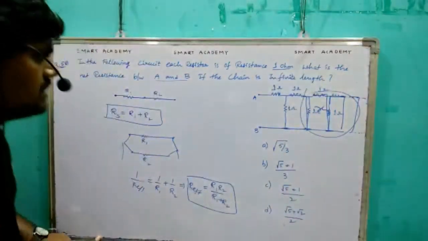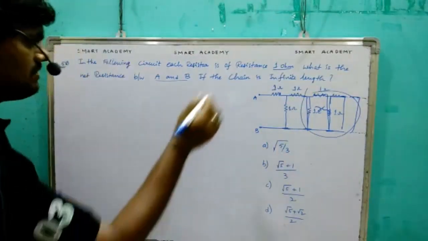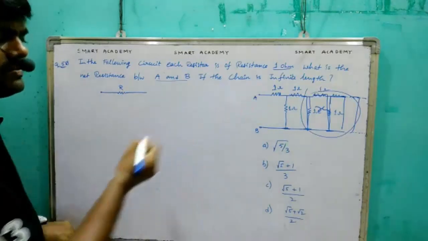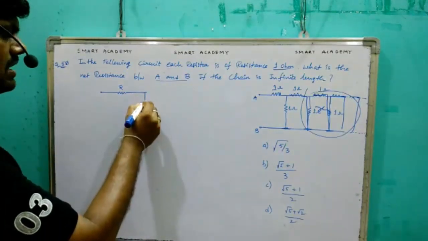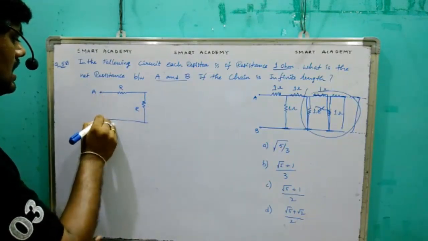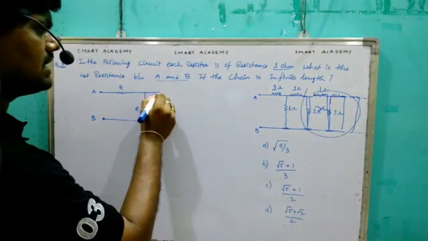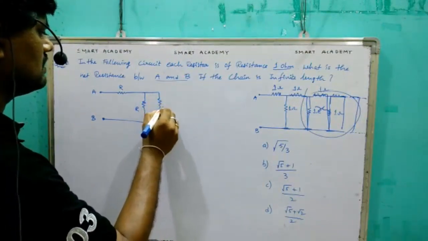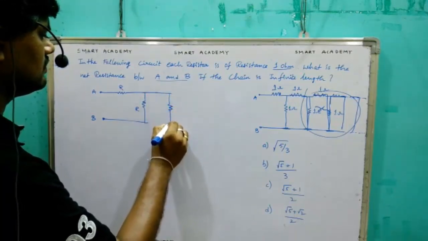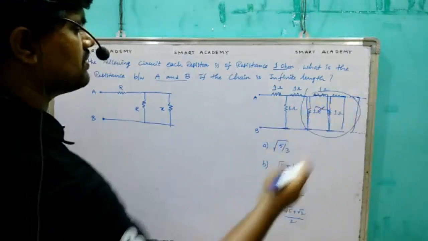Now I draw the same diagram we considered. Let the first resistance be R, and this is also equal to R, between A and B. The remaining infinite length is X, which is repeated any number of times.